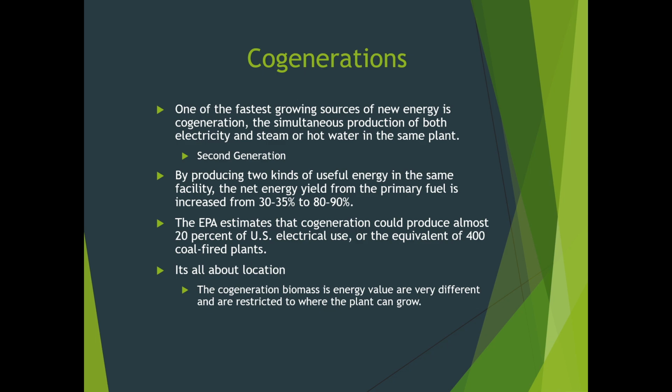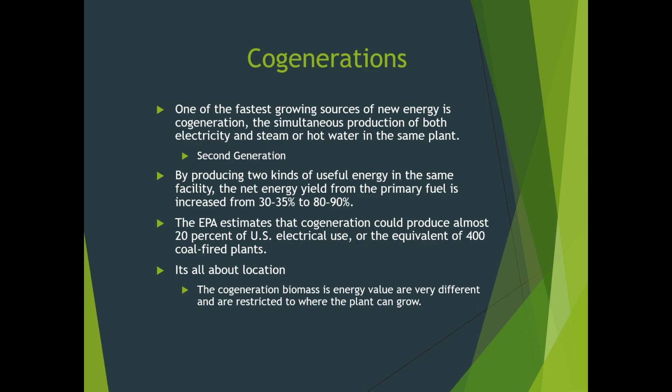It's like a second generation energy source because the stuff you throw in there to burn is just the agricultural waste. It's the leftovers from getting that corn, the leftover rice husks. So you're taking the rice husks and the corn stalks and throwing them in there. So it's really a second generation, which is good, because we're reusing that energy.